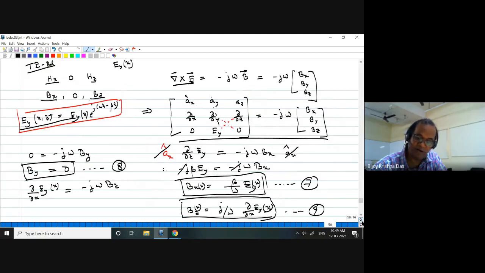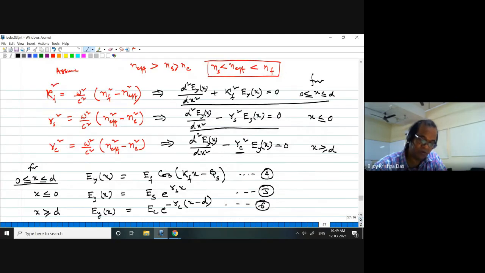So when I defined these values, you see gamma S, gamma C, kappa F are involved, right? Left hand side kappa F D plus M pi, and the right hand side all involve kappa F, gamma S, gamma C, where I know N effective, I know NF, NS, NC. I know omega, I know C. So N effective is unknown. So that means from that equation, I will be able to solve for N effective.